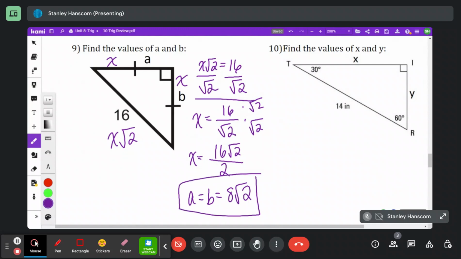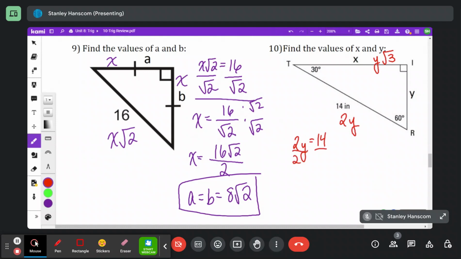And then for our 30, 60, 90, we can see across from the 30 I have y, so I'll keep that y. Across from the 60, I'll use my ratio and call that y radical 3, and that means this is 2y. So this one's actually simpler than the last one because we don't have an irrational number to deal with. We can see 2y is equal to 14.